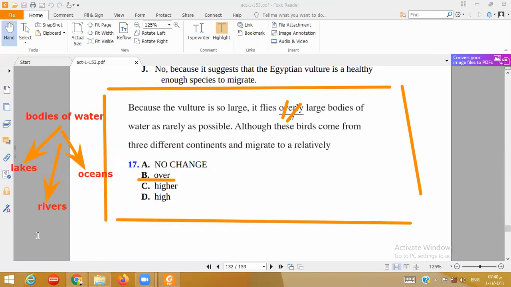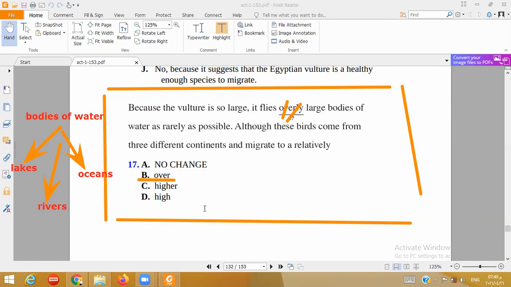Those are bodies of water. Lakes, oceans, and rivers. Understand? So the Egyptian vulture is so large, and that's why it avoids flying over bodies of water, because probably he's afraid to fall into the water, maybe. So that's why he rarely flies over oceans or rivers or lakes.